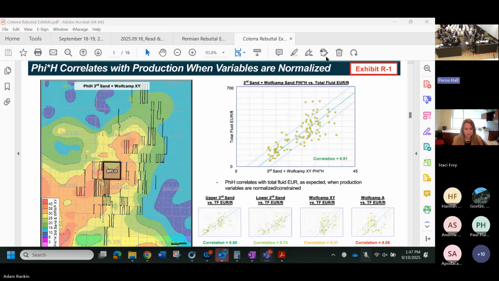It just is related to, correct? Correct. And then we're looking at a 0.66 R-squared relationship for the third sand and Wolfcamp XY phi height analysis, correct? Third sand and Wolfcamp XY, yes.